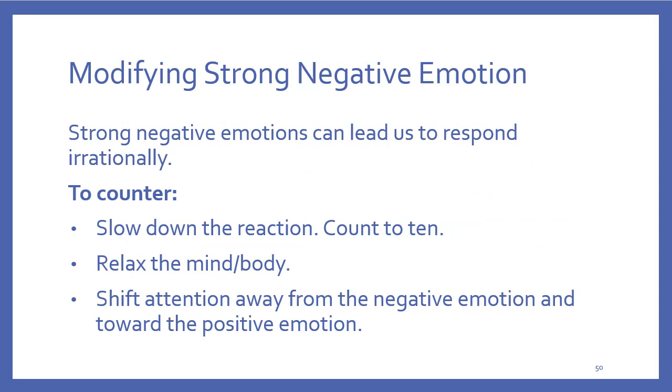What happens too is that we can have some strong negative emotions that lead us to thinking irrationally. And really what we need to do when we have negative emotion is use time to separate what's going on, the decision that we have to make, from the acute phase of the emotion. It sounds like, well, yeah, no doubt, we don't want to make a hasty decision. But guess what, everybody, including me, when you're in that situation where you're having a strong emotion and you just want to fire back, you don't think clearly.